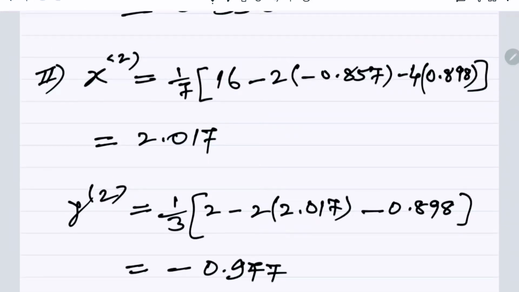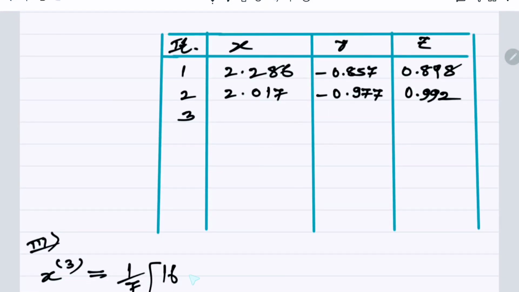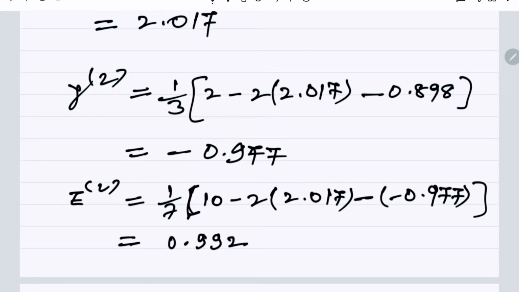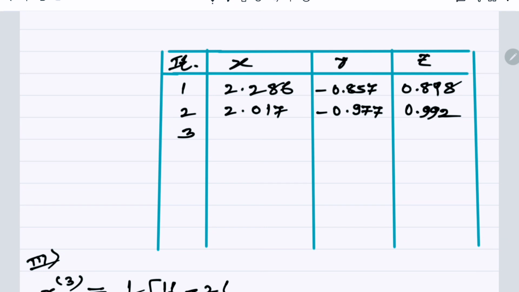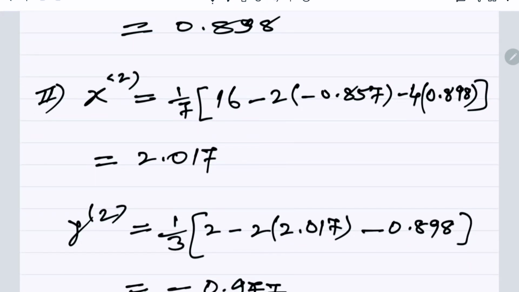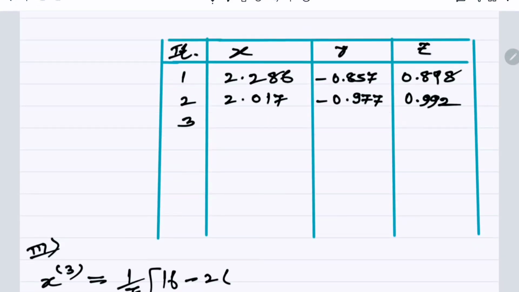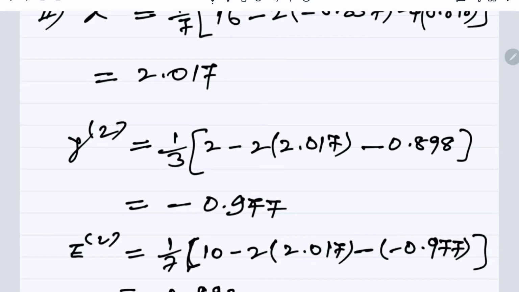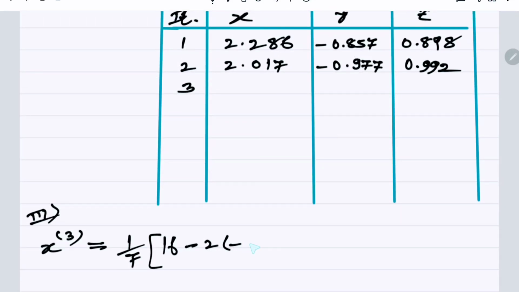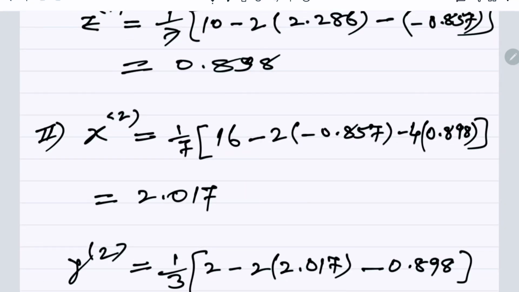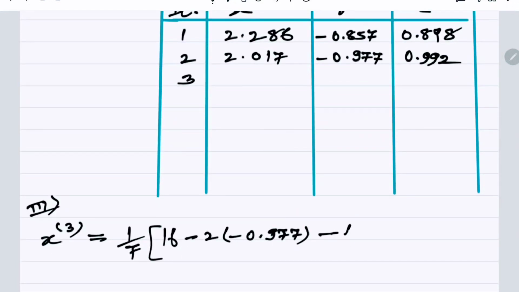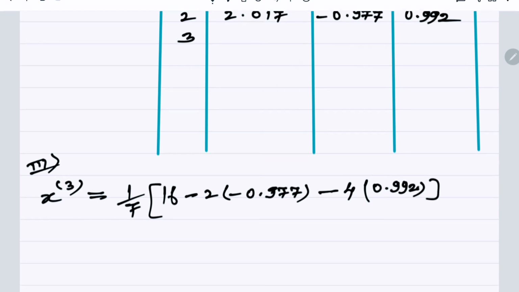X3 is equal to, we get 1 by 7 times 16 minus 2 times y, the latest value of y, therefore 1 by 7 times 16 minus 2 times minus 0.977, and minus 4 times z, and the latest value of z is 0.992, and then using calculator we get that value.